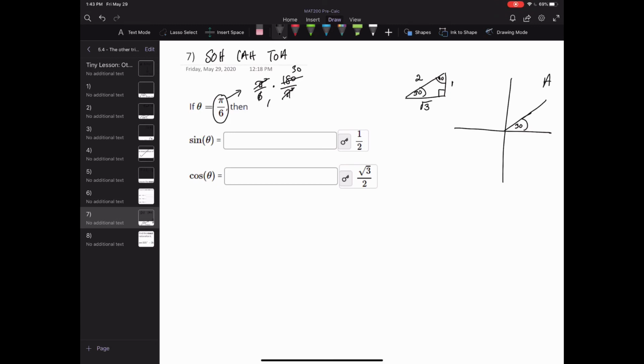And they're all positive here, so we don't have to worry about signs. Sine of 30 is opposite, which is 1, over hypotenuse, which is 2. And cosine of theta is adjacent, so that's square root of 3. Remember, we're focusing on the 30-degree angle. So adjacent is just the one next to it. That's not the hypotenuse. And adjacent over hypotenuse is that. Same exact answer.